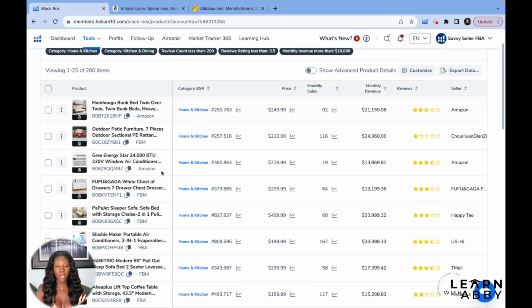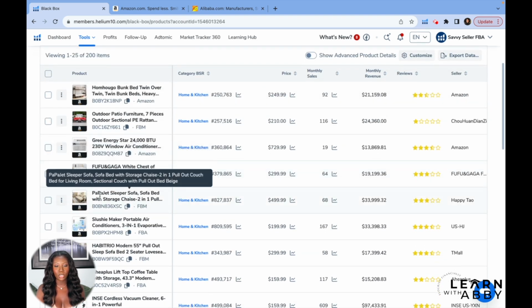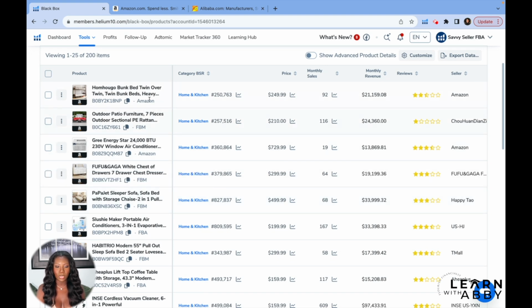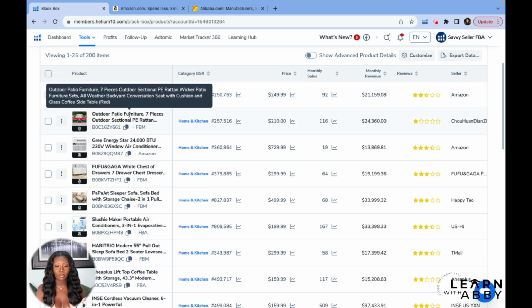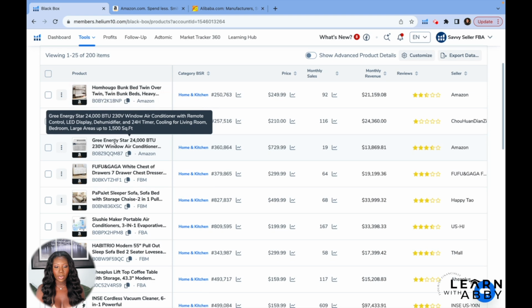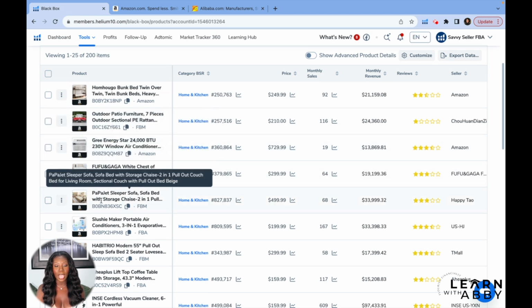I knew that it would lean more towards furniture with this category because we did include home and kitchen. So I'm not really surprised that we see things for bedding, we see things for patio furniture, air conditioners, drawers. I'm kind of skipping over the items that are going to be large and heavy right off the top.